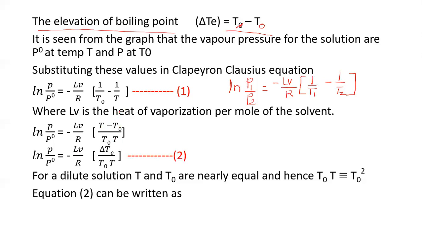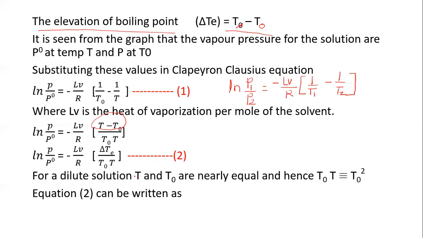Instead of writing T minus T0, we substitute delta TE. So the equation can be written as ln P upon P0 is equal to minus LV upon R delta TE upon T0 into T. What is delta T? Delta T is the elevation of boiling point of a solvent. T0 is the boiling point of the solvent and T is the boiling point of the solution. Now this is the equation 2.